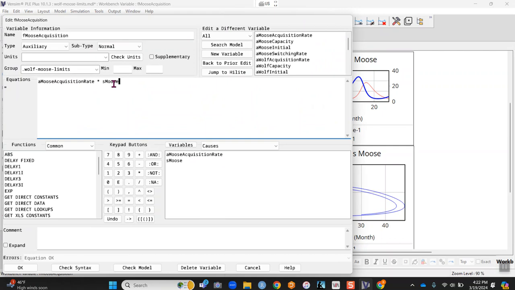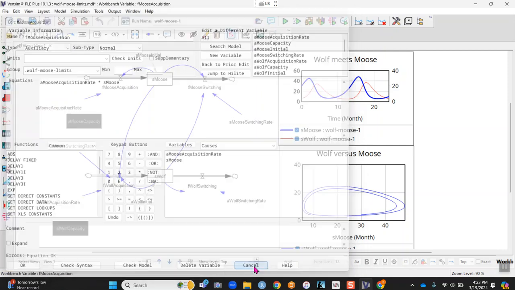So it's not a percent change or anything like that. That's the acquisition rate. This is actually the flow, and we're calling it F, flow moose acquisition. It'll be the same for the switching, same for Wolfco as well. Okay, now watch what we're going to do.